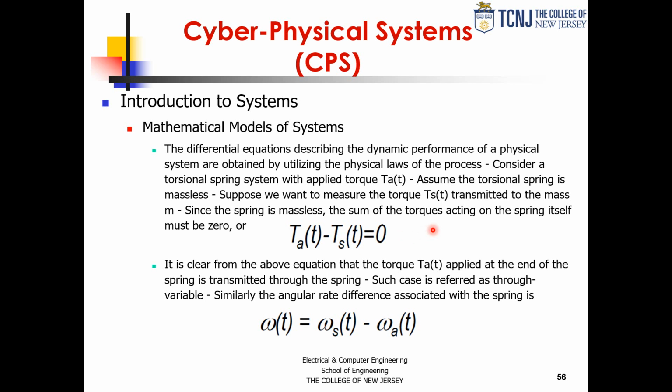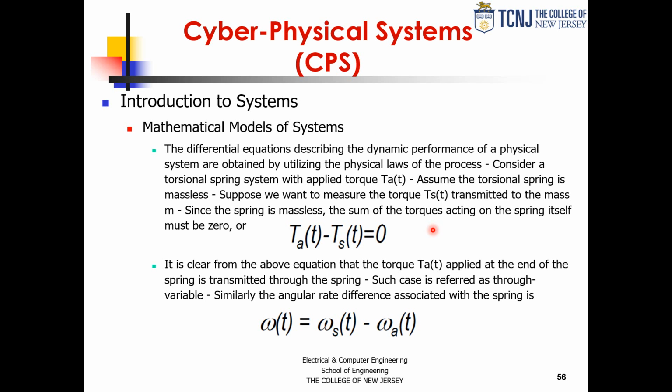And that variable in that system, and that's another concept that we want to take to our complex system representations, the concept of through variables and across variables. So that torque that is being transferred through the spring, that is what we would call a through variable.